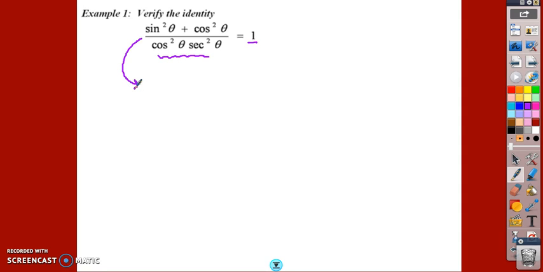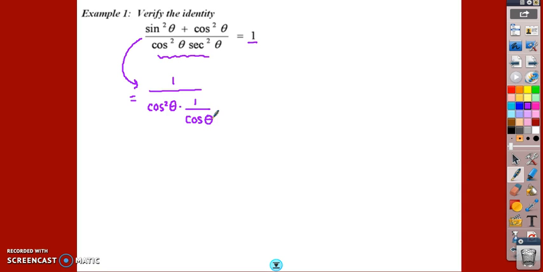So I'm just going to take this side of the equation and start applying known identities to it. For example, I know that sine squared plus cosine squared is equal to 1. And on the bottom, I've got a cosine squared and a secant squared. I think a good idea there would be to write that as cosine squared times secant squared is 1 over cosine squared.